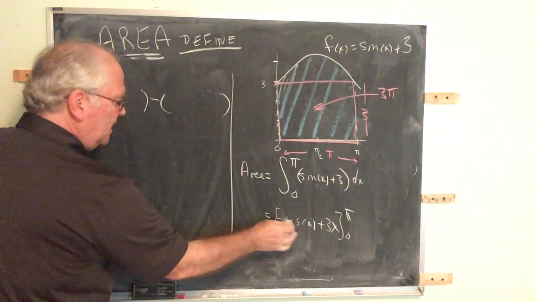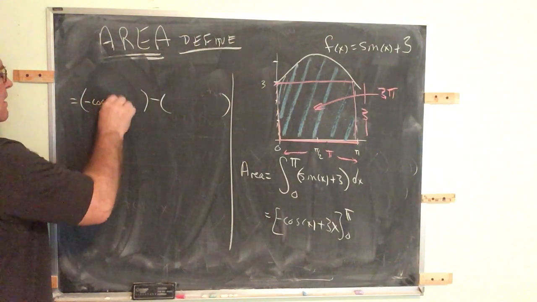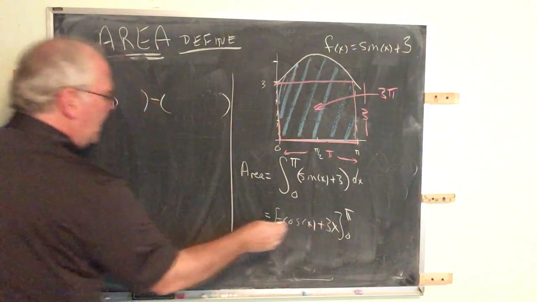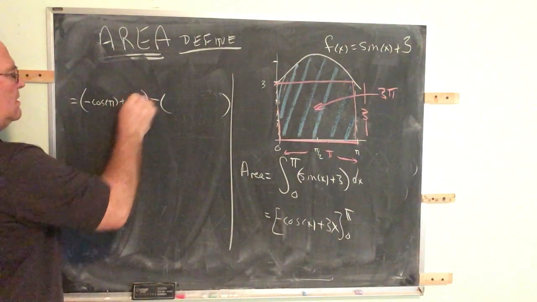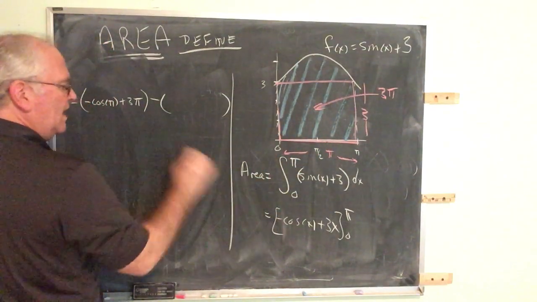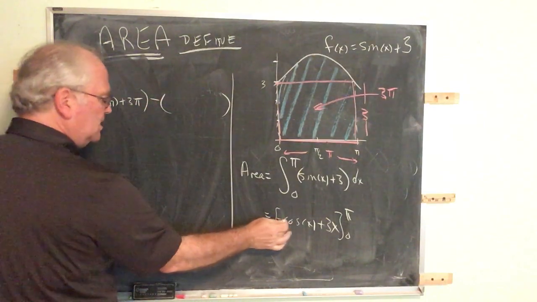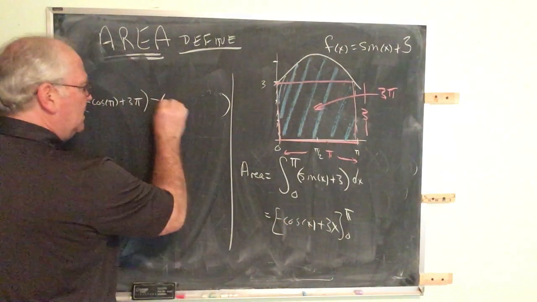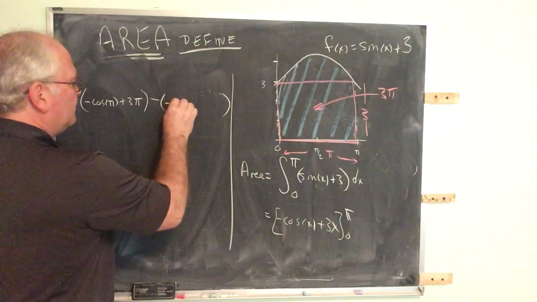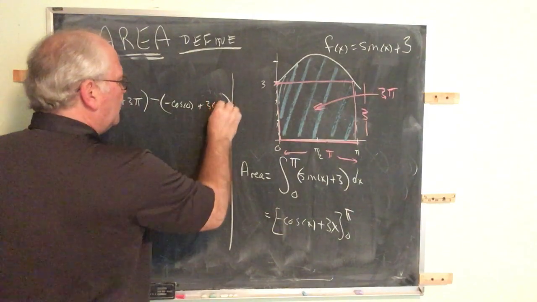Evaluate at the top is negative cosine of pi plus 3 pi. Well, that smells about right. Minus, be careful, this minus is here because of the fundamental theorem, and this minus is here because of the antiderivative, negative cosine of 0 plus 3 times 0.